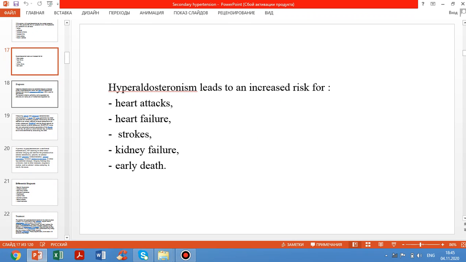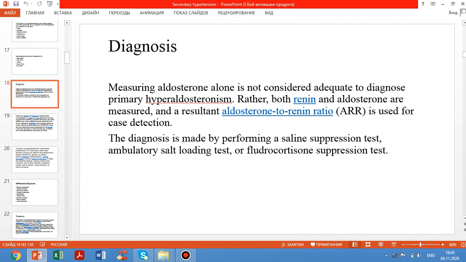Hyperaldosteronism leads to an increased risk for heart attack, heart failure, strokes, kidney failure, early deaths. Diagnosis. Measuring aldosterone alone is not considered adequate to diagnose primary hyperaldosteronism.